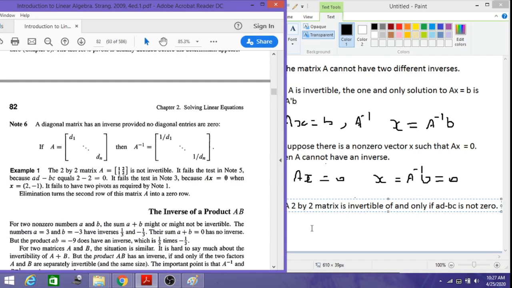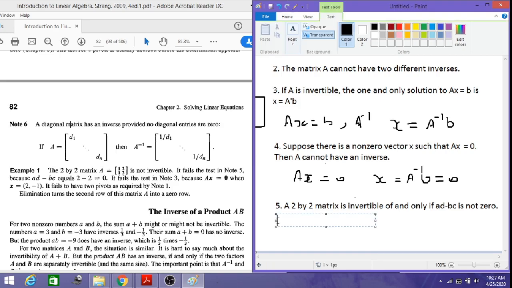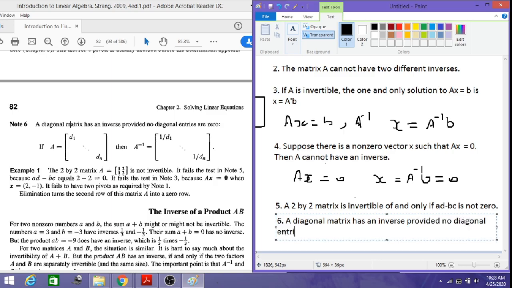Then the sixth point is that a diagonal matrix has an inverse provided no diagonal entries are 0.